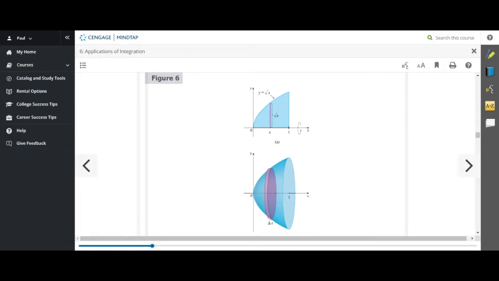We're getting a little closer. We don't quite have the right answer yet. Good. We need also the height. Well, what would the height be on that cylinder there in the picture? Well, the height, just the square root of x.